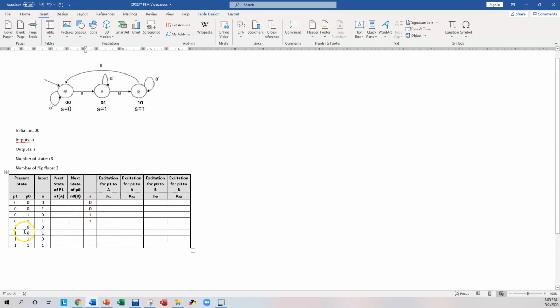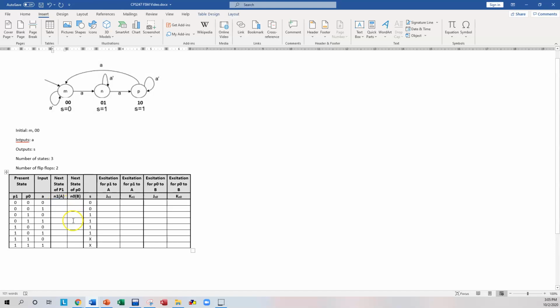At 1 0, that's the next 2 rows. 1 0, S's value is a 1 also. Okay, and then what about these last 2 rows? What do we do here? If the state is unused, you can put your X's for your don't cares.